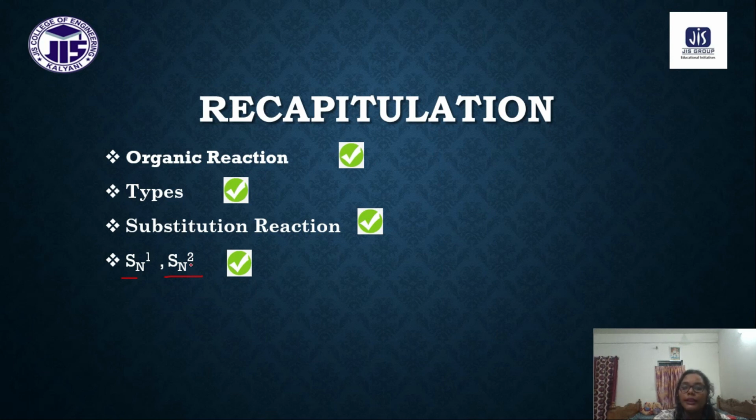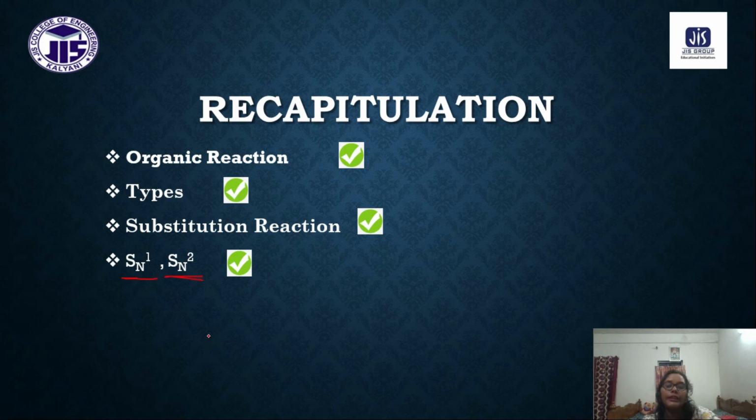Also, we have seen SN1 versus SN2. Generally the SN1 reaction is unimolecular, the rate depending on one reagent. The SN2 is a bimolecular reaction, meaning the rate depends on both reagents, the alkyl halide and the nucleophile. For SN1 we have the carbocation, and for SN2 bond breaking and bond making take place simultaneously.